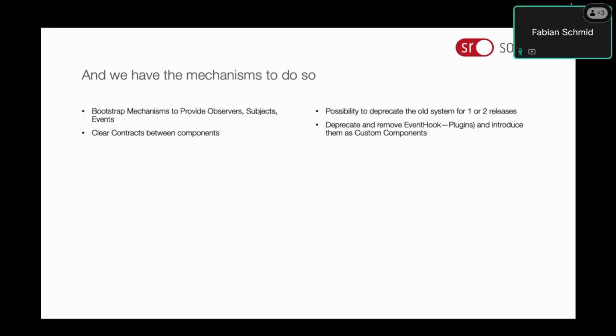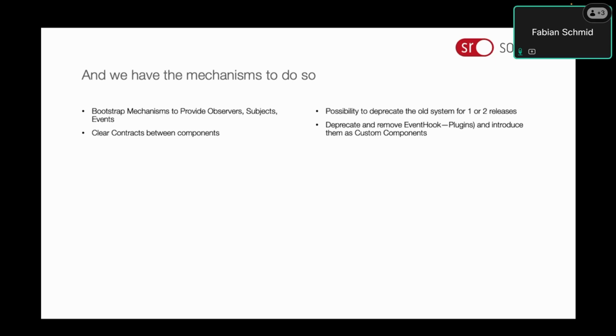So not all components have to switch inside one release, but I do not like to have this longer than 2 releases. So I hope components will switch to the new mechanism in 2 releases. And after that, I would kill the old implementation. And then those old components won't get any events.